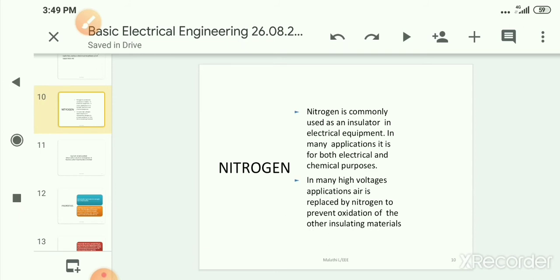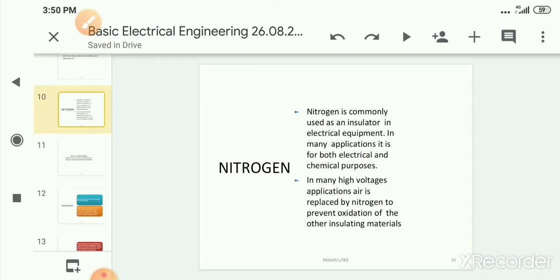It is used as cooling medium in sealed gas insulated transformers. It is used as a safety component in airbags of transport vehicles. See, airbags are there in cars also, parachutes.